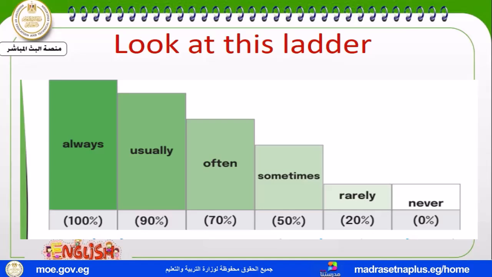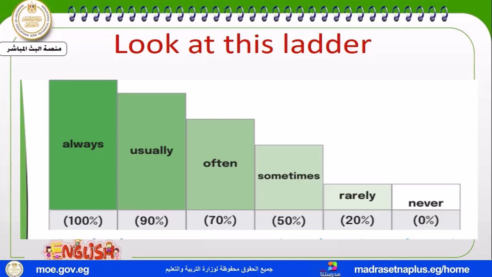And when I say that I always play tennis, I do this every day. So let's think about some activities which you always do, usually do, often do, sometimes do, rarely do, and things that you never do.